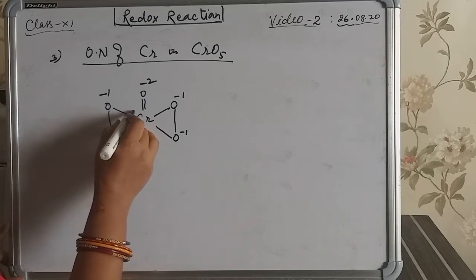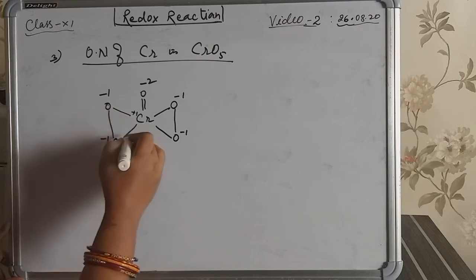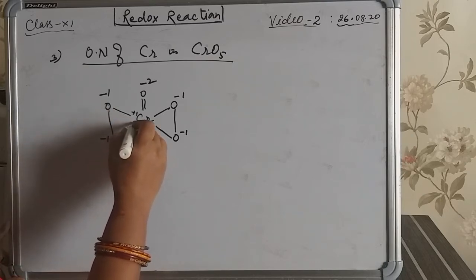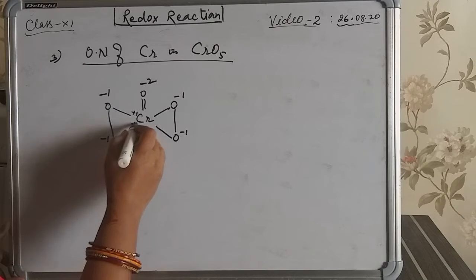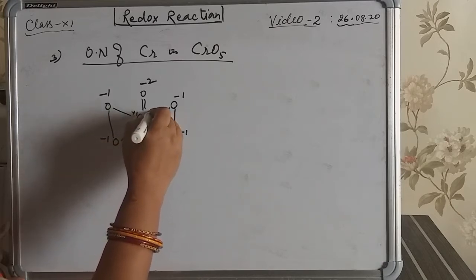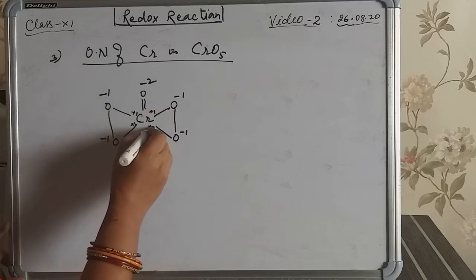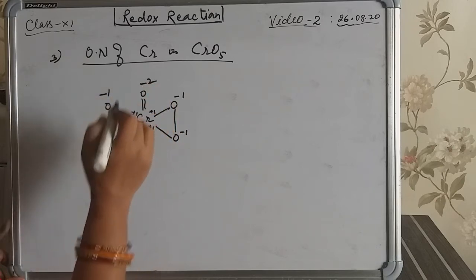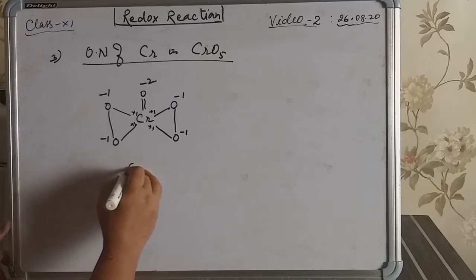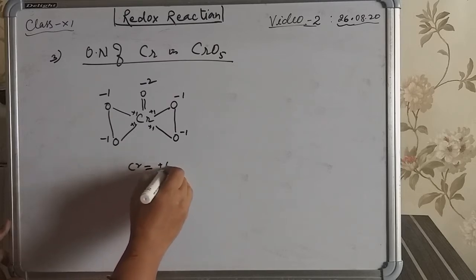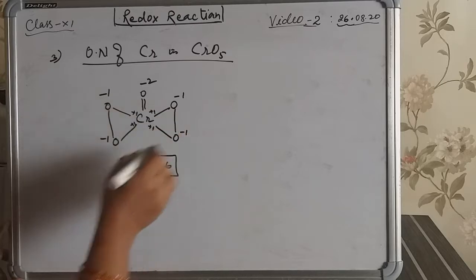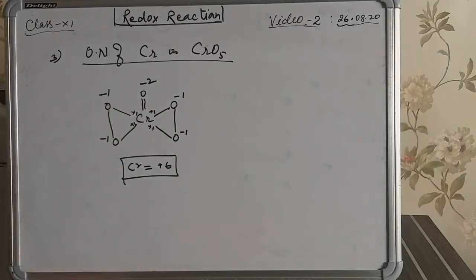Here is +1, because oxygen is more electronegative. Here is also +1, because oxygen is more electronegative, 1 electron between them. And here is also +1, here is also +1. 1, 2, 3, 4 and 2, 6. So the total oxidation state is 6 on the butterfly structure of chromium.